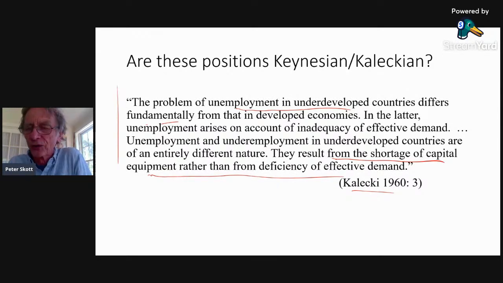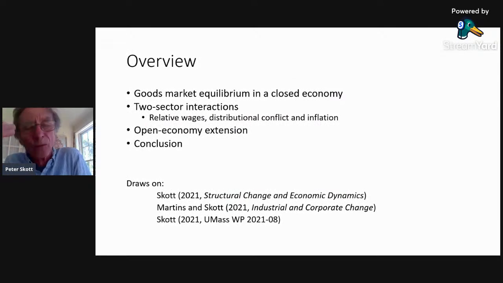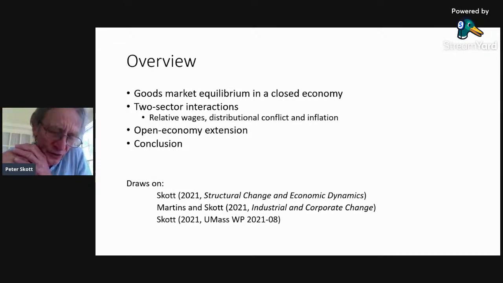It's not a deficiency of effective demand. So the idea that Kalecki would endorse this aggregate demand is the only driver of economic growth, I think is questionable. That's not important. Kalecki could be wrong. So the real issue, of course, is do we need to look more carefully at the supply side?